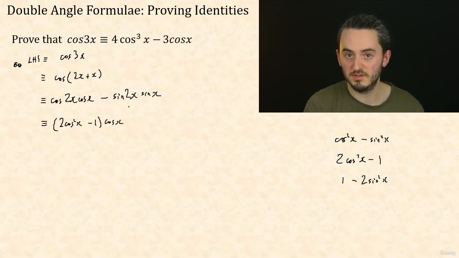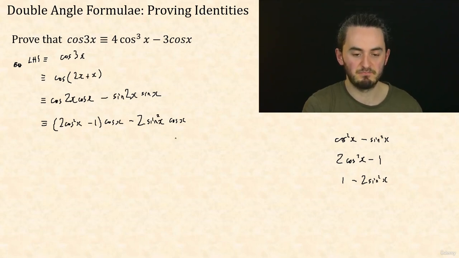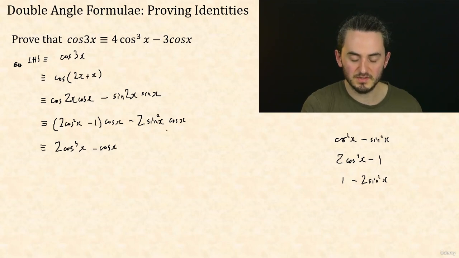And now there's only one sine double angle formula, so I'll use that. 2 sine x cos x multiplied by sine x, so I'll just put a sine squared x there. Okay, we'll keep going. Expanding this, I've got 2 cos squared x times cos x, which is 2 cos cubed x. That's good, I want some cos cubed x. Minus cos x. And what about this?